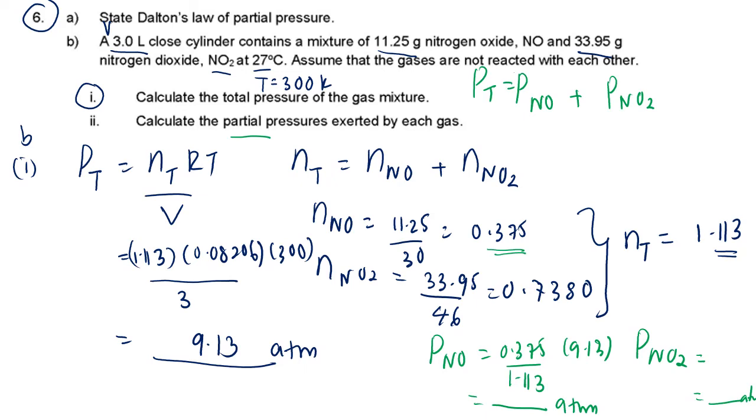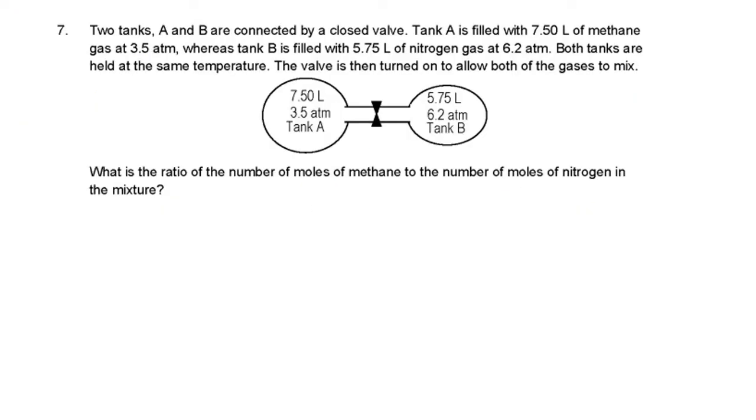Okay, so next. From the question, we have two tanks, tank A and tank B, that are connected by a closed valve. Tank A is filled with 7.5 liter of methane with the pressure of 3.5 atm, as stated in the information given from the figure.